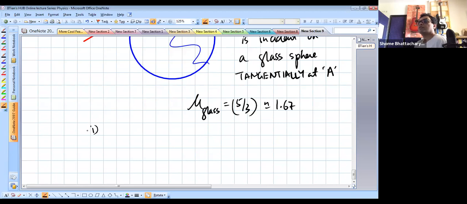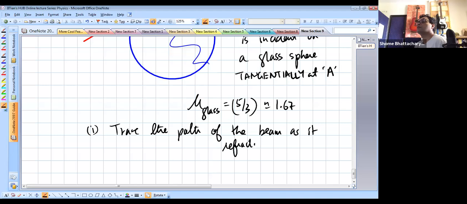So first of all, trace the path of the beam as it refracts into glass.